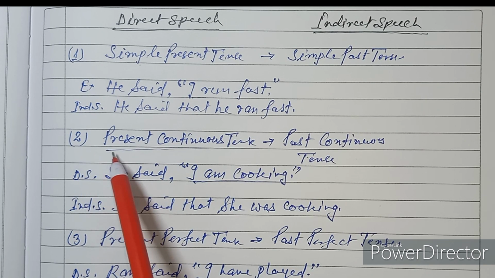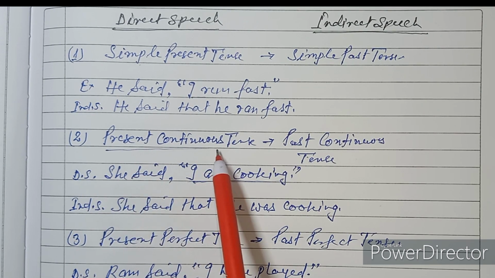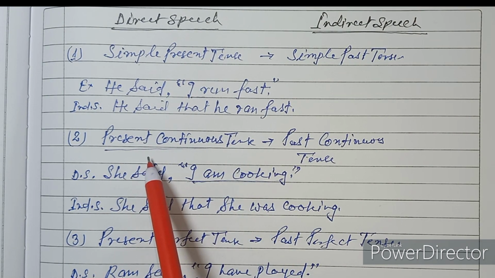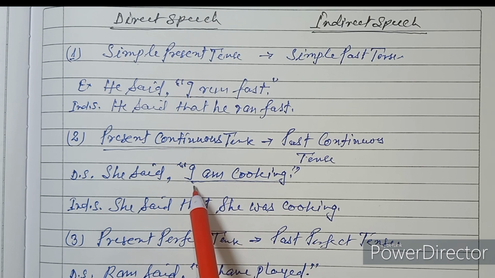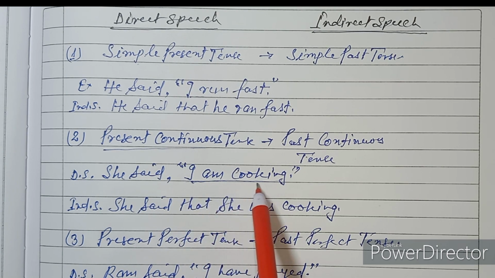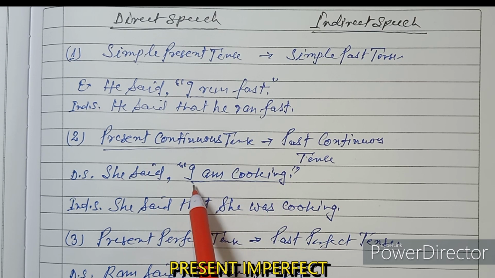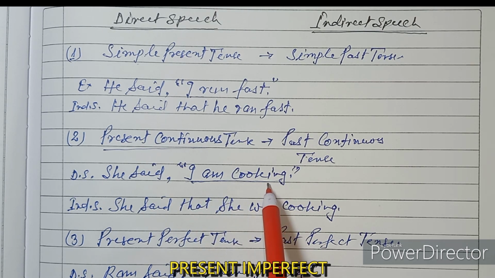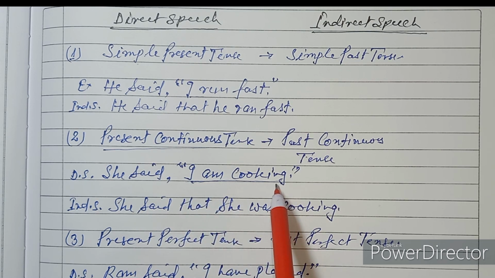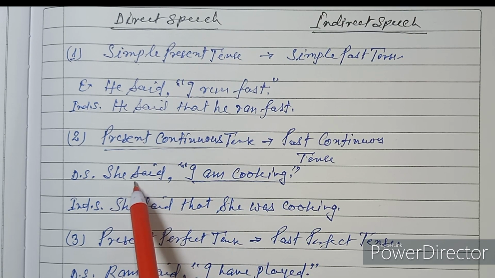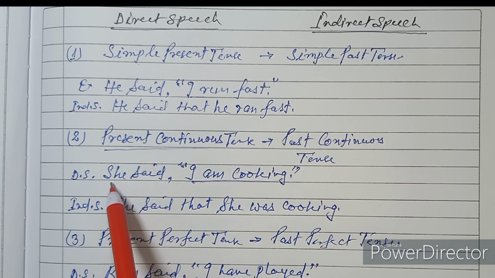रूल नंबर 2 में जब रिपोर्टेड स्पीच हमारा प्रेजेंट कॉन्टिन्यूअस टेंस रहेगा, यहाँ आप देख सकते हैं, She said, I am cooking. ये प्रेजेंट कॉन्टिन्यूअस टेंस है. इसको प्रेजेंट इम्परफेक्ट टेंस भी बोलते हैं. इसका एक और नाम है प्रेजेंट प्रोग्रेसिव टेंस. तो रिपोर्टिंग वर्ब हमारा पास्ट टेंस है, एंड सब्जेक्ट क्या है?